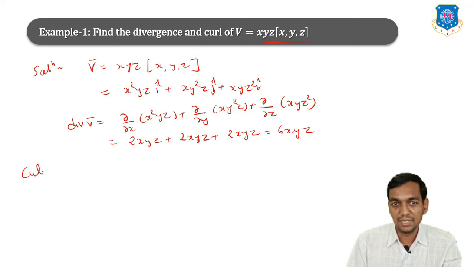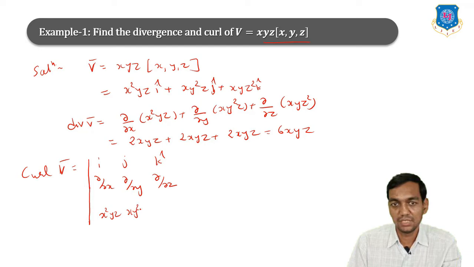In the same manner, if you are finding the curl of v bar, then it is i, j, k, del by del x, del by del y, del by del z, and the components x square yz, x y square z, and x y z square.